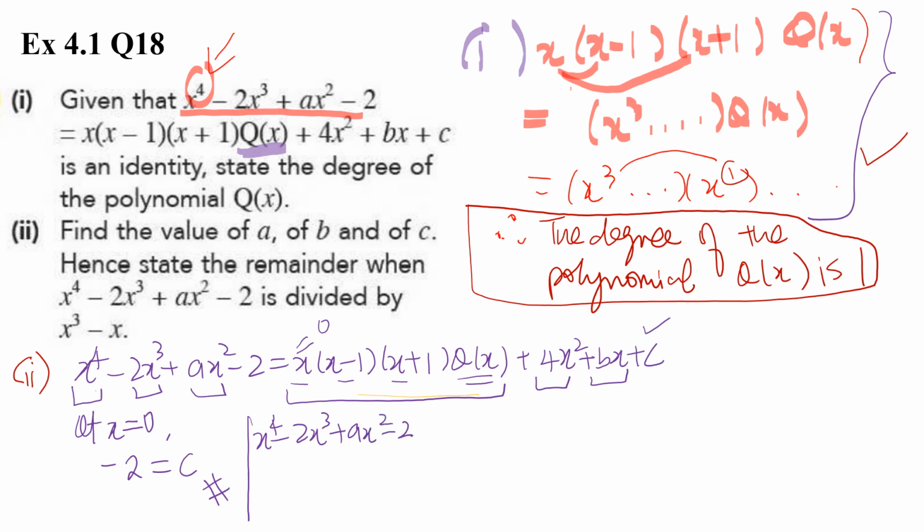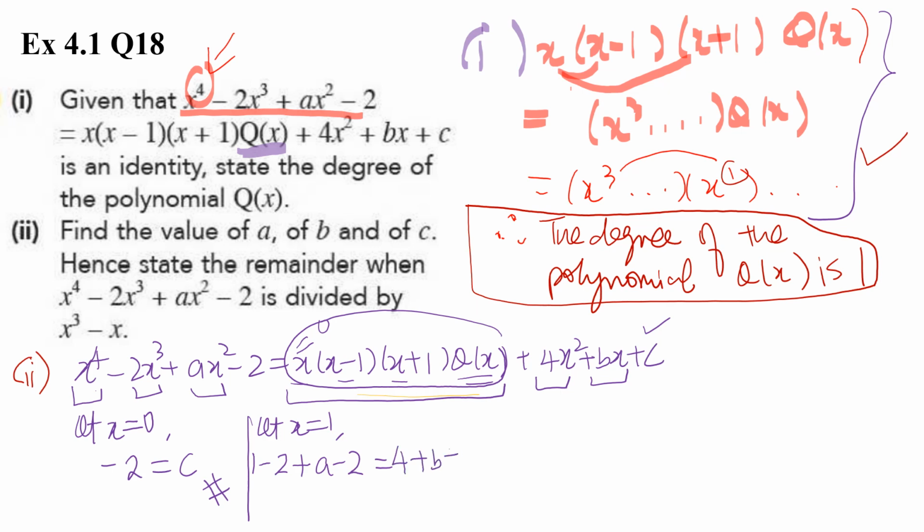So the next thing maybe we can do is let x equals 1. You have to let x equals 1, because you just need to eliminate q of x. Okay, let x equals 1. So you will have 1 minus 2 plus a minus 2. So this whole chunk of thing will be gone. So equals 4 plus b plus c.